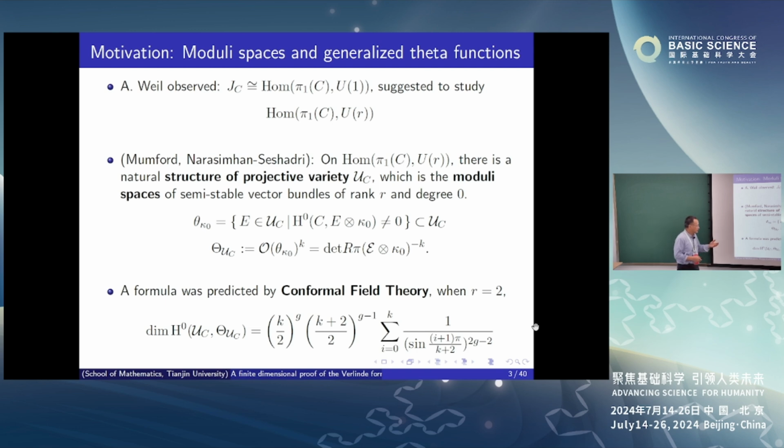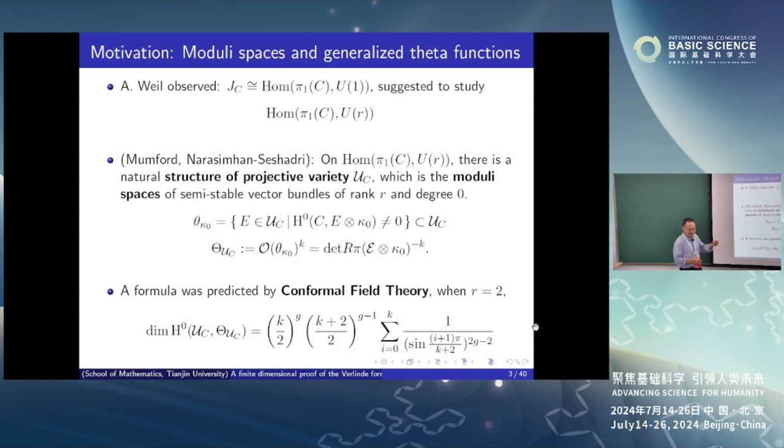Semi-stability was introduced by Mumford. It's a story I was told by Narasimhan. He said he and Seshadri first constructed a manifold of indecomposable vector bundles.